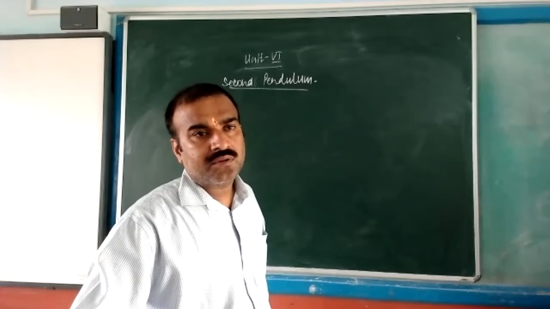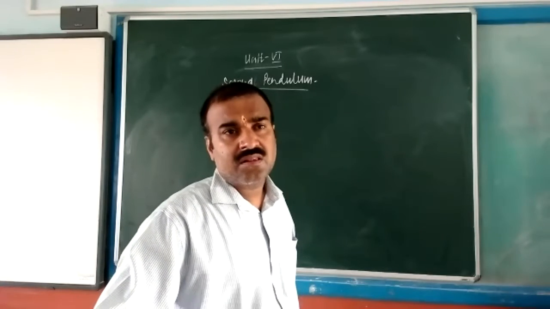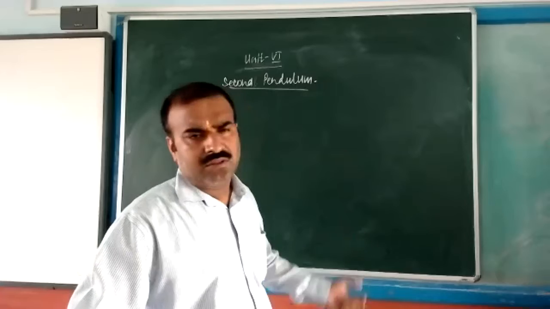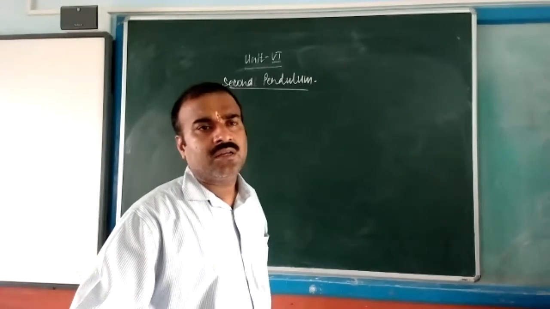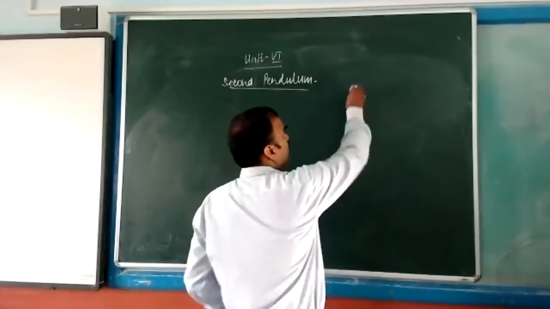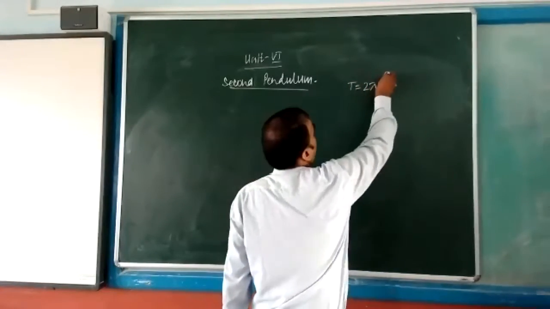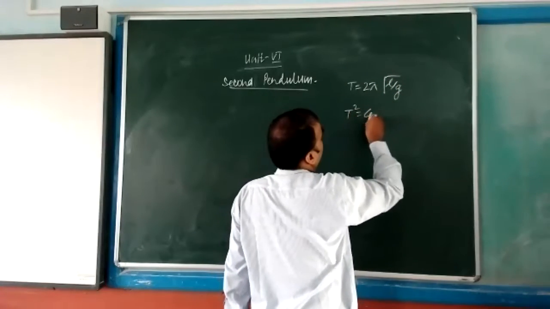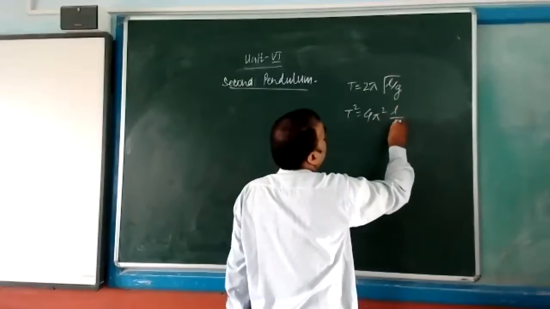Sir, we can do squaring, like T square, squaring both sides. You can do it, no problem. You have to know this one, na? T equal to 2 pi under root L by g, and squared, T square equals 4 pi square L by g.